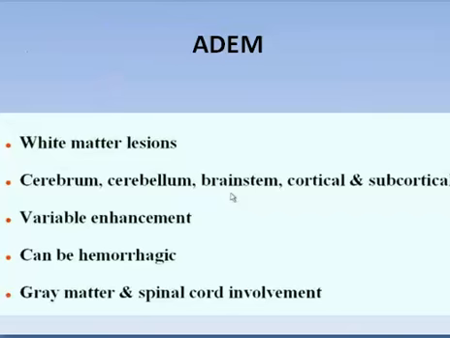It's a white matter disease, variable enhancement, can be hemorrhagic, and it involves all parts: cerebrum, cerebellum, brainstem, cortical, subcortical. It is a widespread disease.